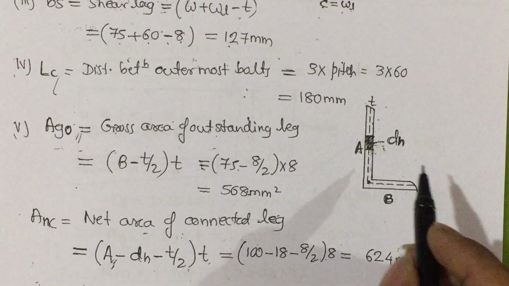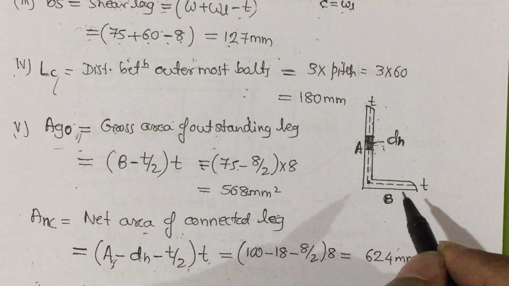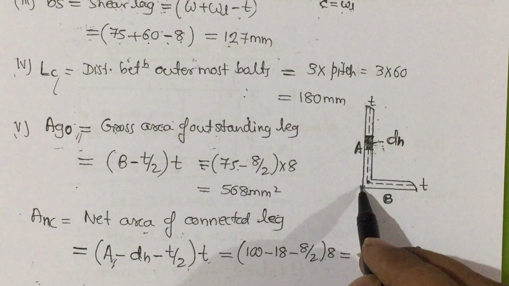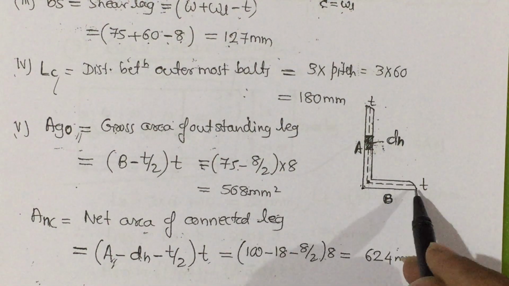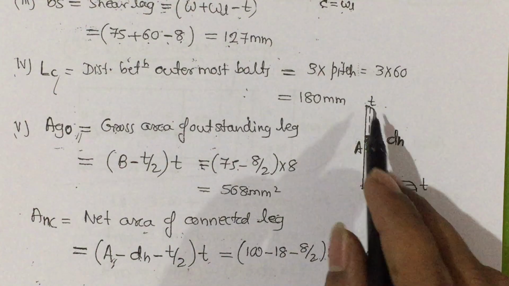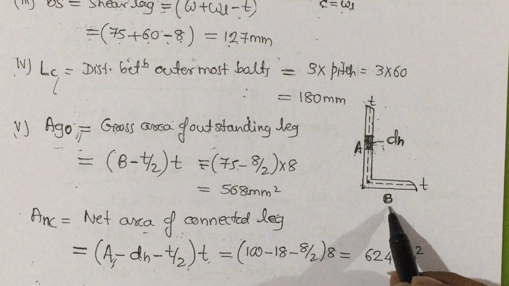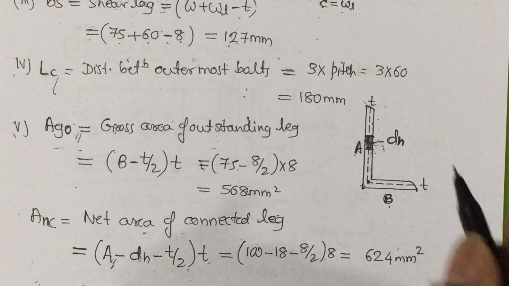How is it? It is the connected leg 100 mm, it is the outstanding leg 75 mm. Connected leg I will take as A, outstanding leg length I am going to take as B.